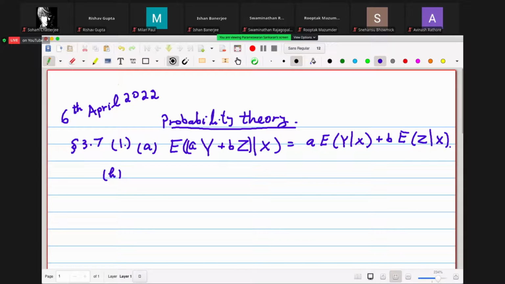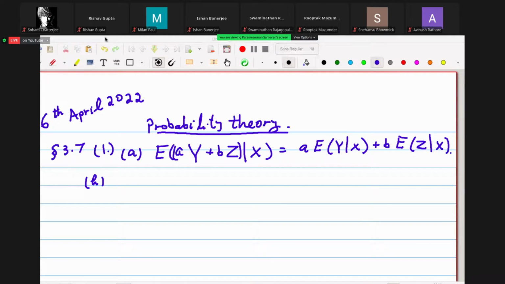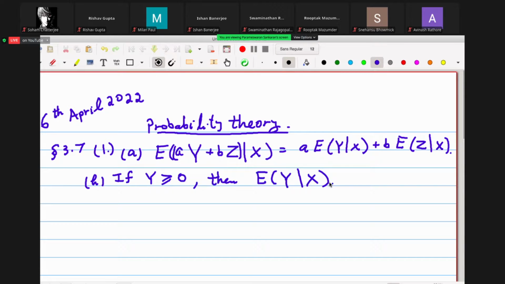Yeah, so I need to check this. Okay. So if y is bigger than or equal to 0, that is, it takes only non-negative values, then the same is true of the expectation of y given x.